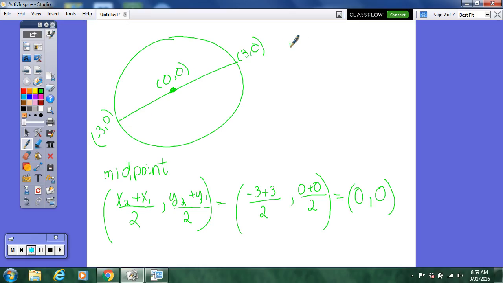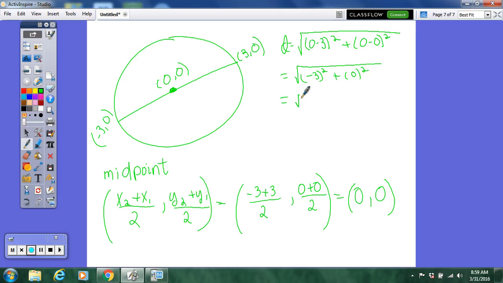So if you do the distance formula, and you say 0 minus 3, and 0 minus 0, then you get negative 3 squared and 0 squared, which is just 9.